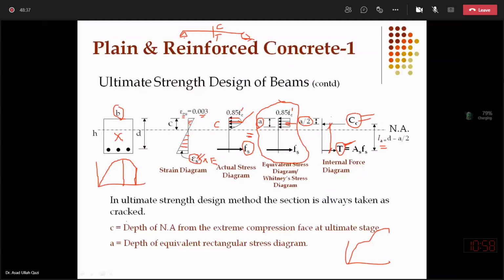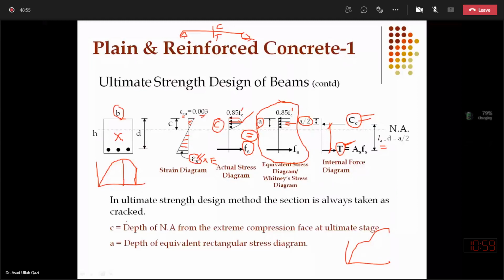But this will be only acceptable if the actual versus simplified picture will give me the same C value, and the point of application of the C is not disturbed.